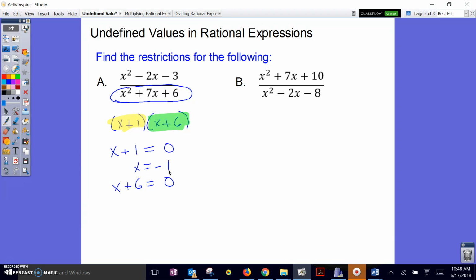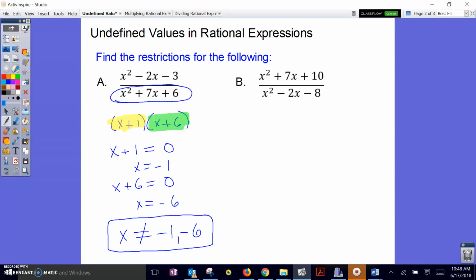And what value of x makes x plus 6 equal to 0? That's negative 6. And so those are our restrictions. For this problem, we can't have x be equal to those values. So x cannot be equal to negative 1 or negative 6.